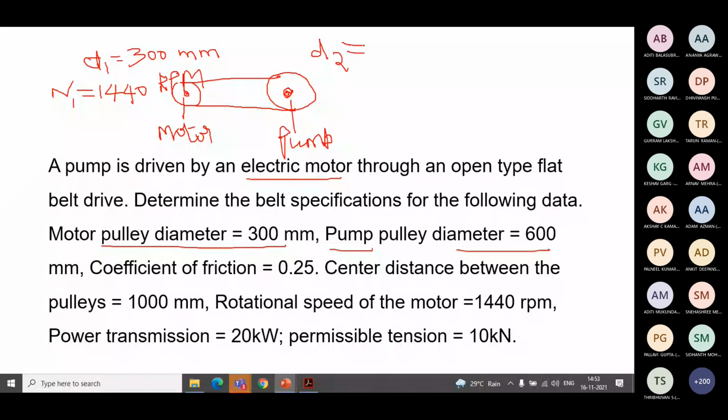Can you immediately say how much is N2 without using a calculator? If the diameter of the pump is twice that of the motor, how much is N2? 1440 divided by 2, isn't it? How much is it? 720. Don't use a calculator for these things.